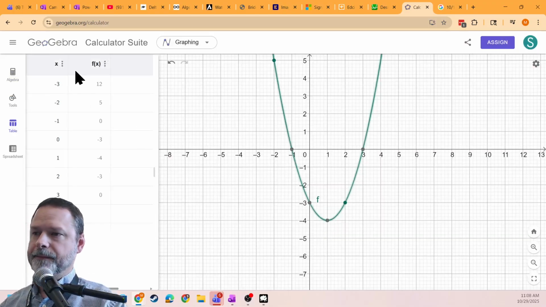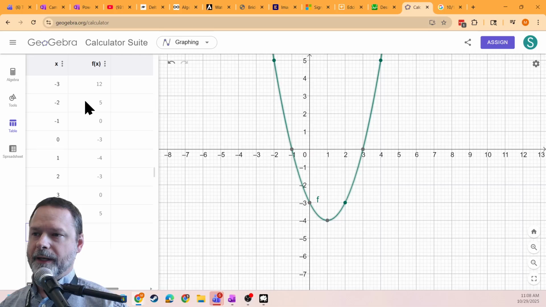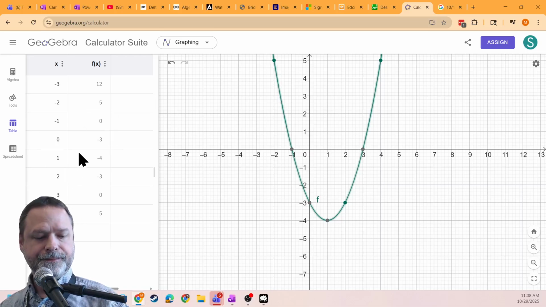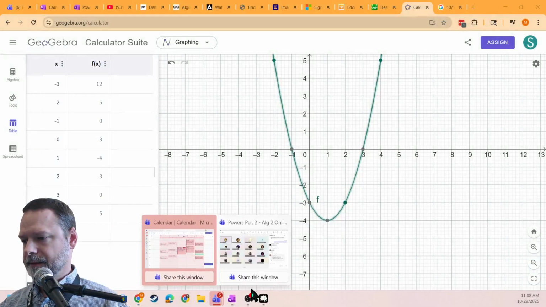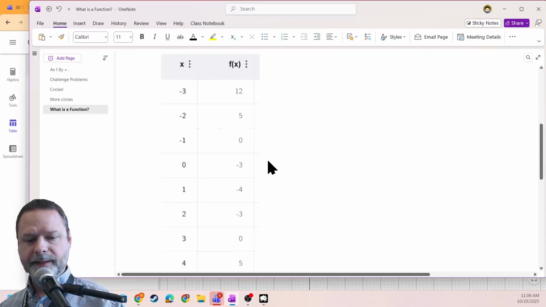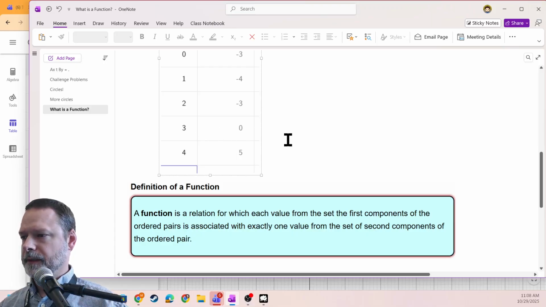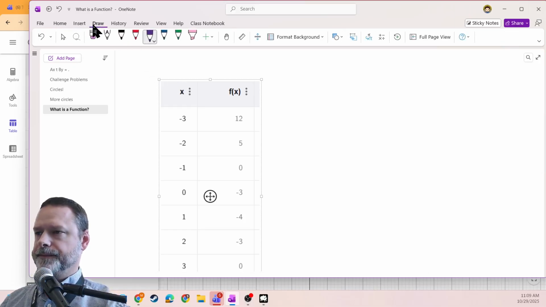I got a little table here, and the nice thing is I can type in other values and it'll tell me the corresponding y values. So we got this fun table. I'm going to go ahead and copy and paste that into our notes here. And this is one way that we can represent a relation, okay?